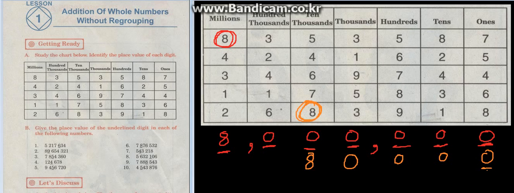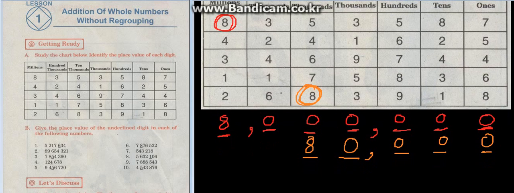And this 0 is at ones column, tens column, hundreds column, thousands column, and this 8 at 10,000s column. And 8 has 4 hidden zeros, which means the 8 is at a digit of 10,000s, which means this 8 does not only mean 8, but is an 8 that represents 80,000.